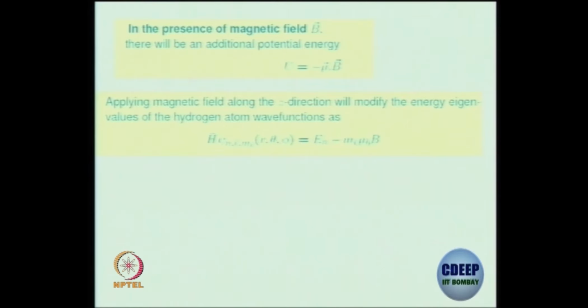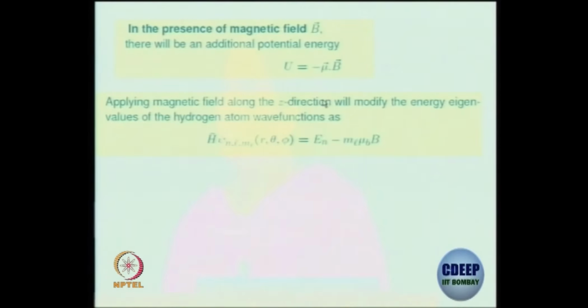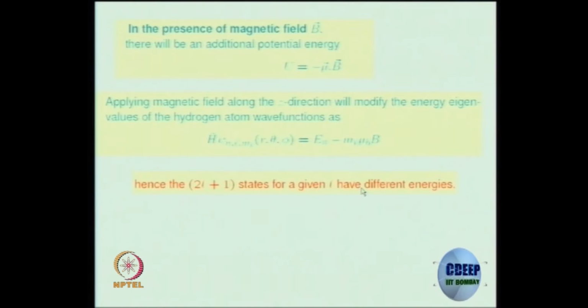This is the way of using eigenvalue equations, simultaneous eigenfunctions of commuting operators, everything comes into the picture. So this is one thing which you should see. Initially there was a degeneracy, but now the 2L+1 states for a given L have different energies.